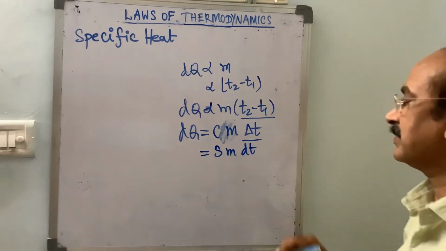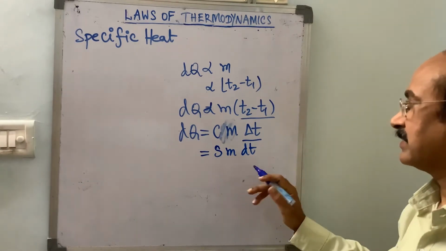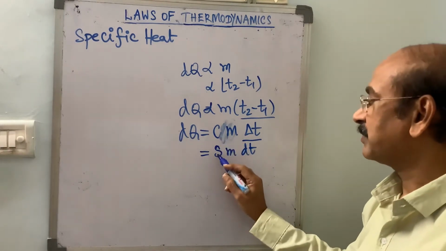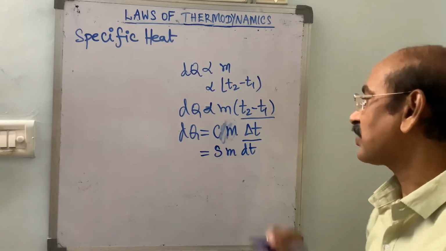So in the case of solids, the proportionality constant is called the specific heat of the given solid.